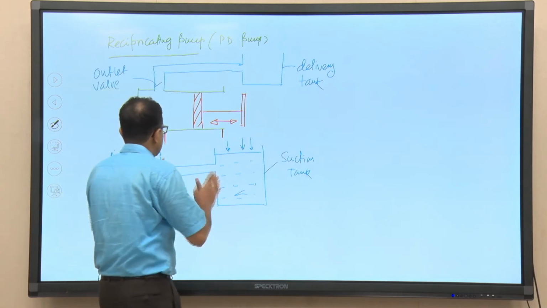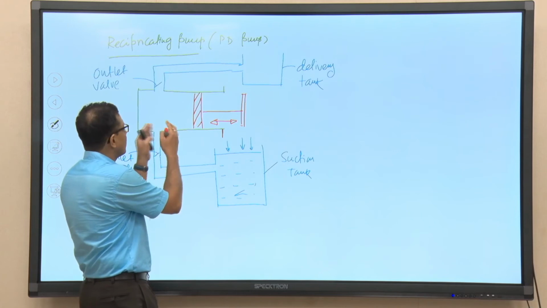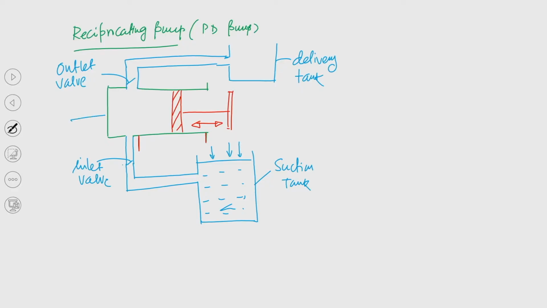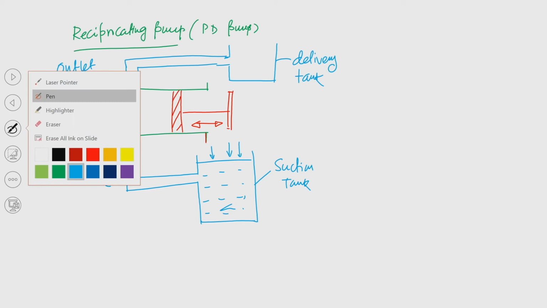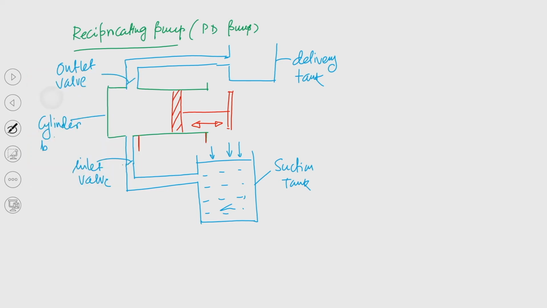So, as I said, the piston will have, say, this is the cylinder bottom end. So, there are strokes. First of all we need to identify the different strokes. You see, first is the suction stroke.